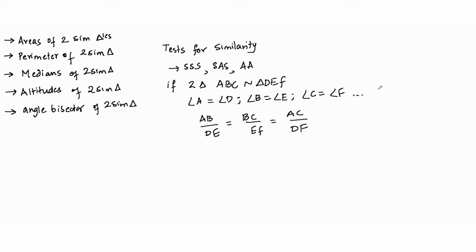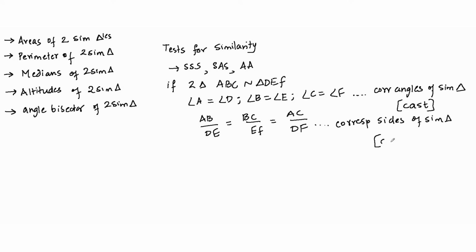So this is called corresponding angles of similar triangles, and its short form is CAST, and this is known as corresponding sides of similar triangles, which is CSST, right?